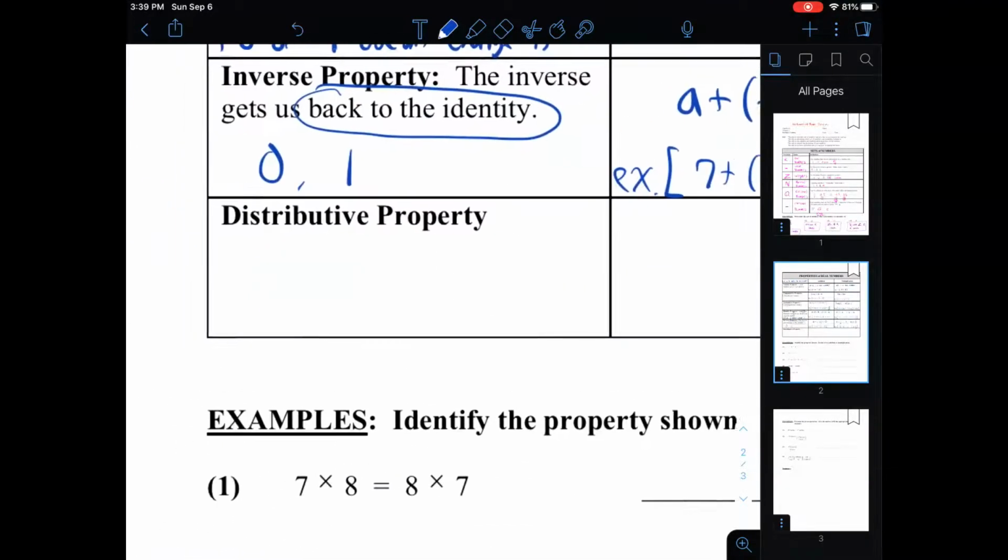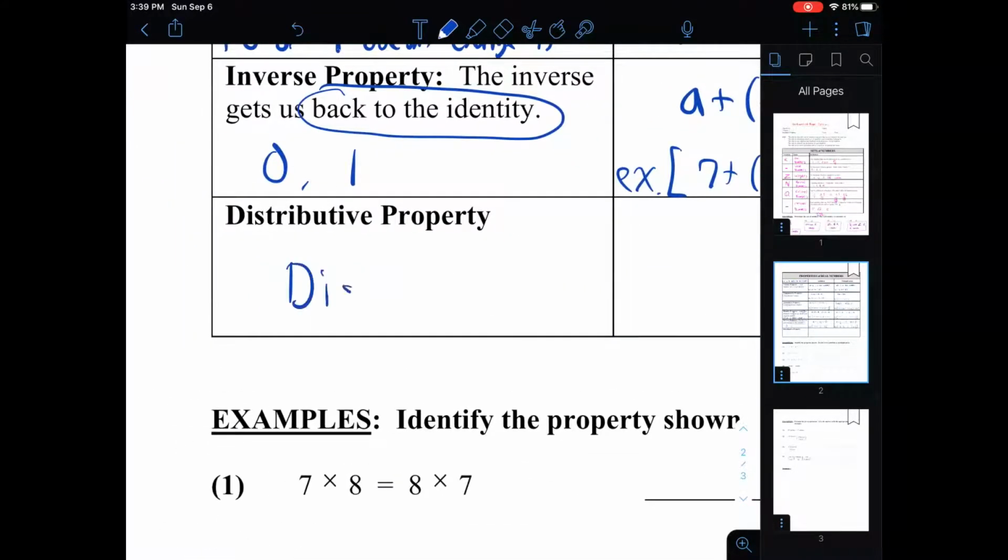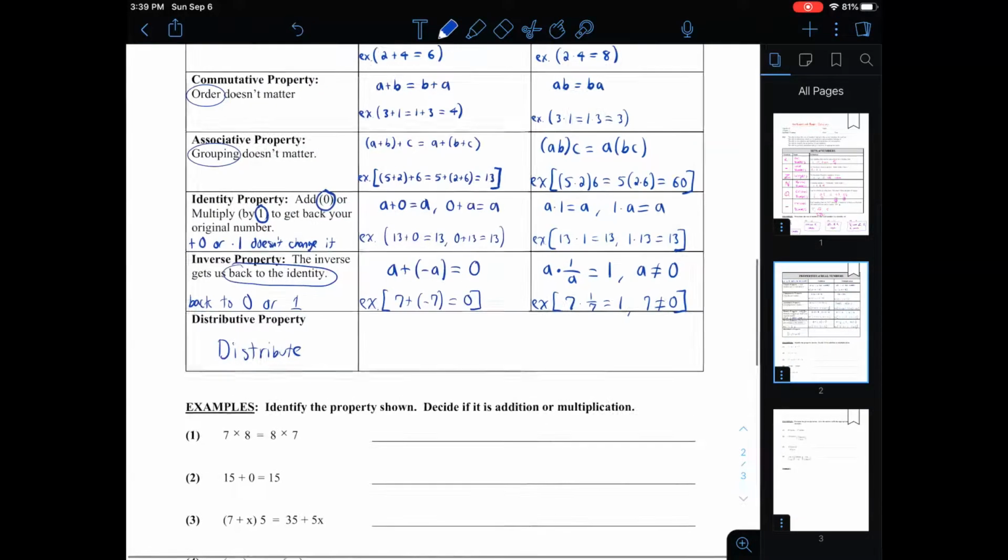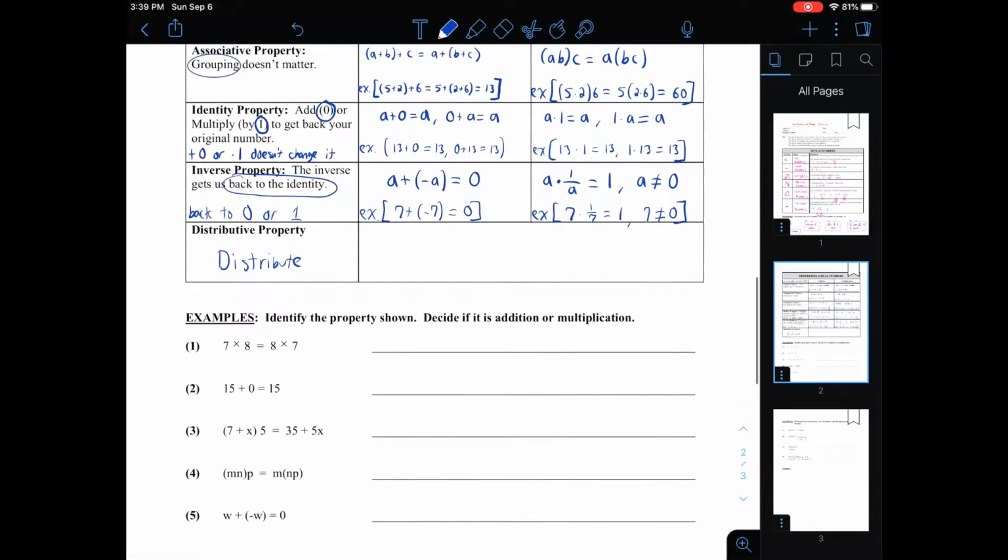All right, distributive property. Just put distributes. And then up here, I'm going to erase this. I'm going to write back to 0 or 1. Okay? To distribute.